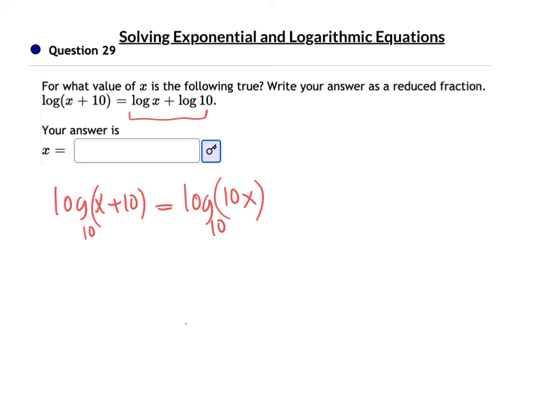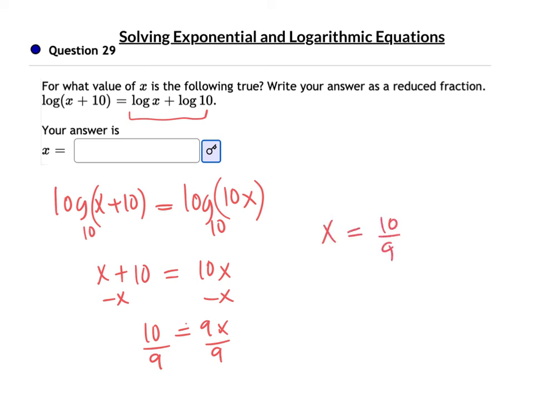The only way those things can be equal is if x plus 10 is the same thing as 10x. Subtract an x from each side. 10 equals 9x, and divide by 9. Looks like x is 10/9.